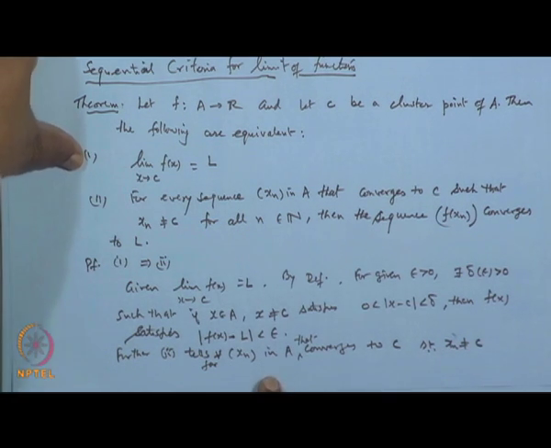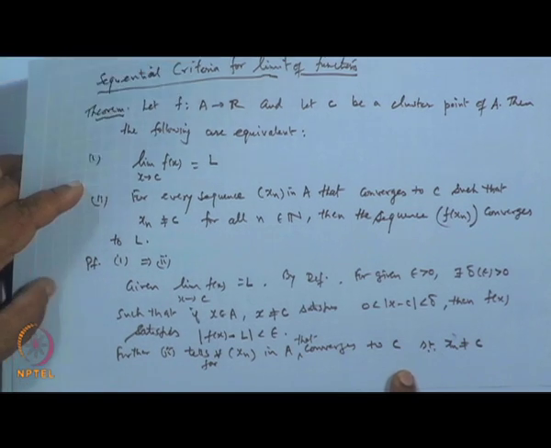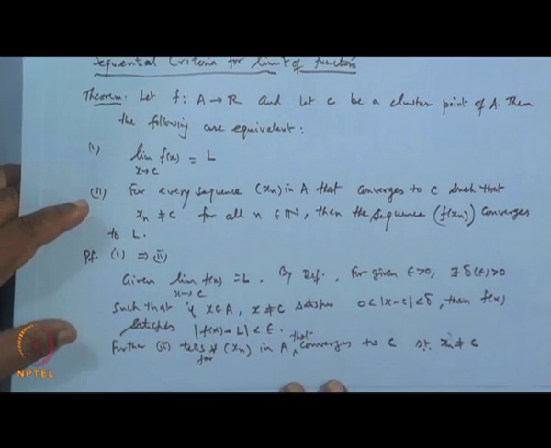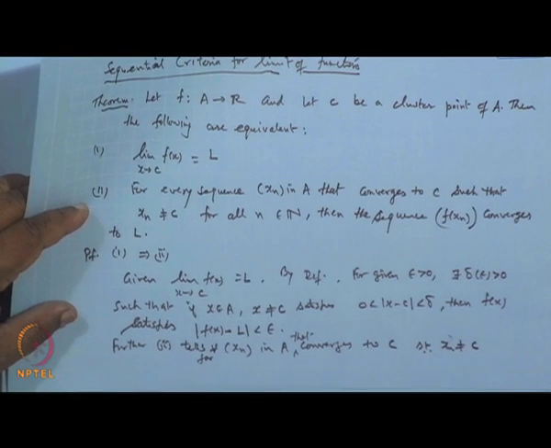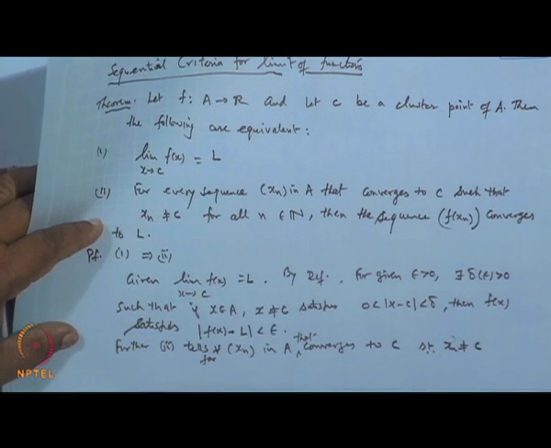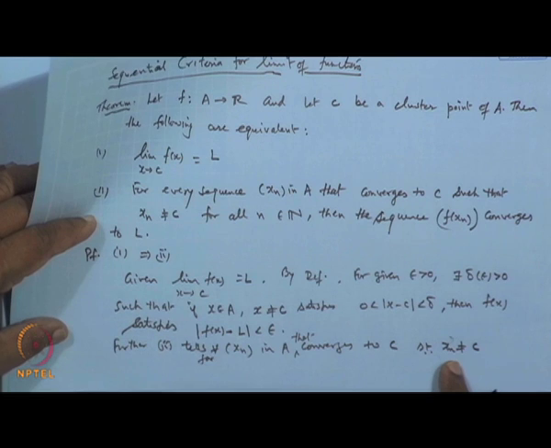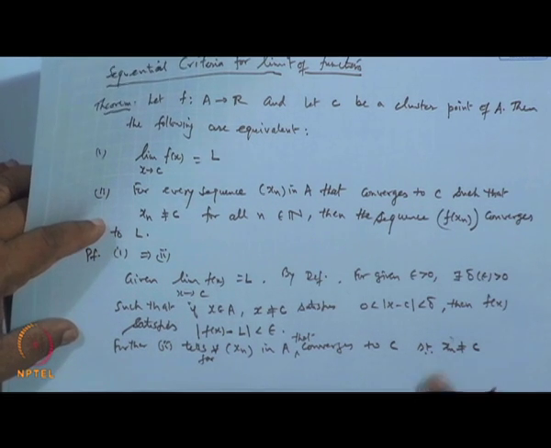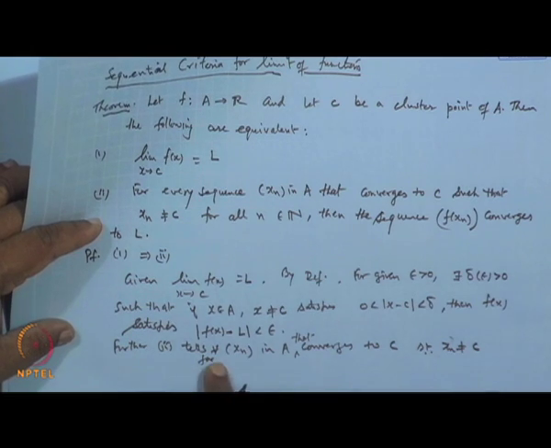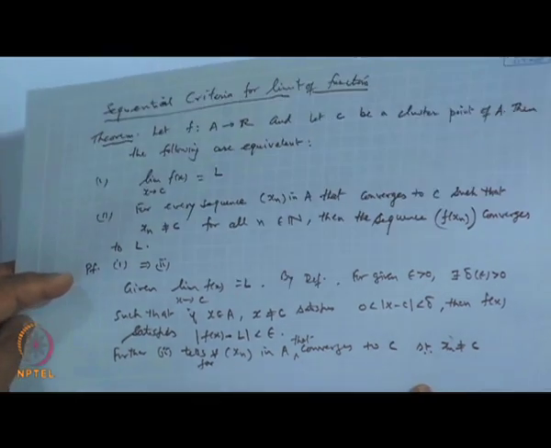So, when x n converges to C, it means for a given small number, say I take the delta, for a given delta we can identify a capital K such that when n is greater than or equal to K, then the difference x n minus C will remain less than delta.